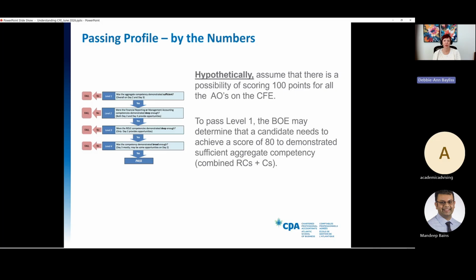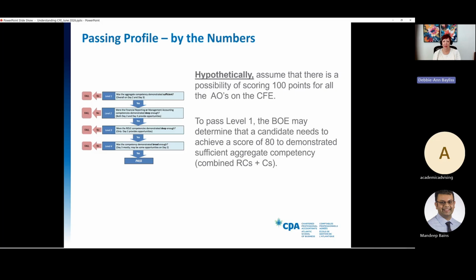If someone tells you, oh, I know how many assessment opportunities you need to achieve competent in order to pass level 2, they don't. It's only conjecture. The same principle applies if someone says, oh, you need to make sure that you include these many qualitative factors, pros and cons. Again, it's all conjecture.